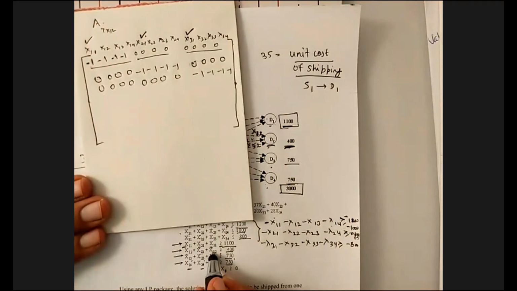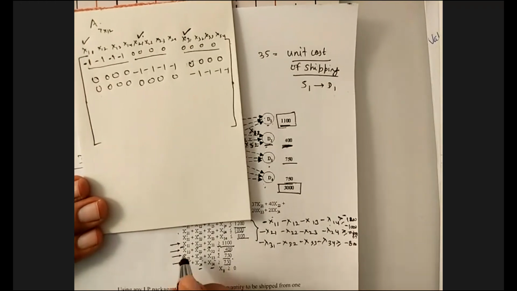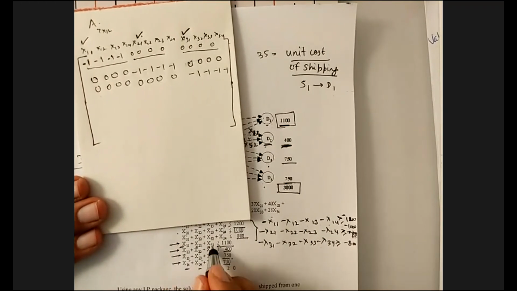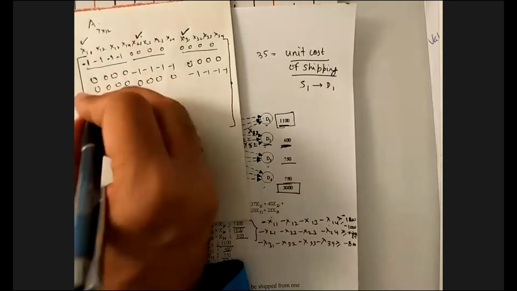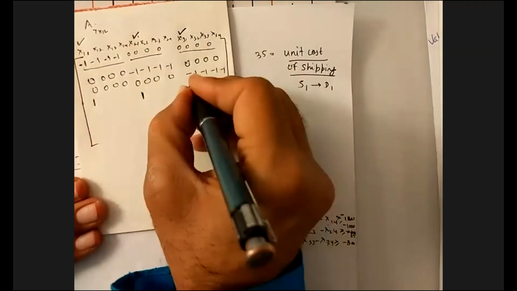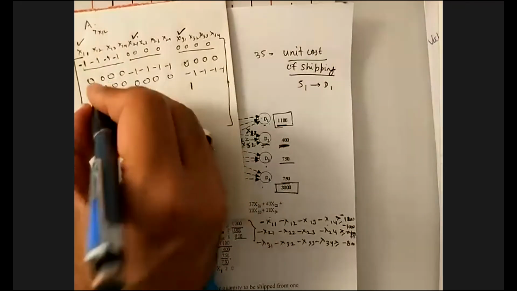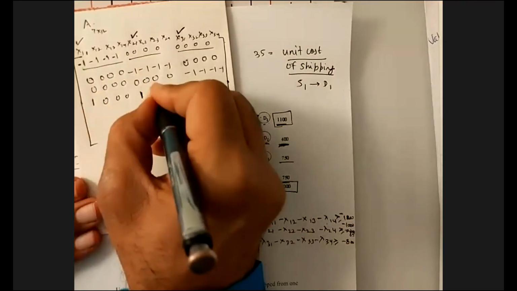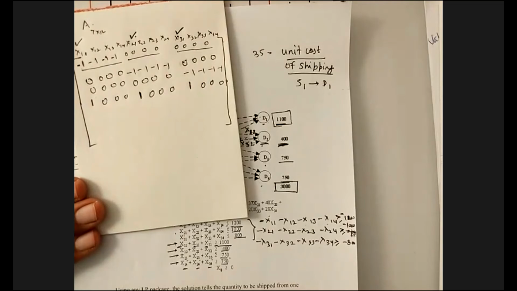It's just ones, right? 1 times x11, 1 times x21, 1 times x31. So I need a 1 here, and then 1 over here, and then 1 over here. And then I need the rest of them to be zeros. Make sense? Any questions?